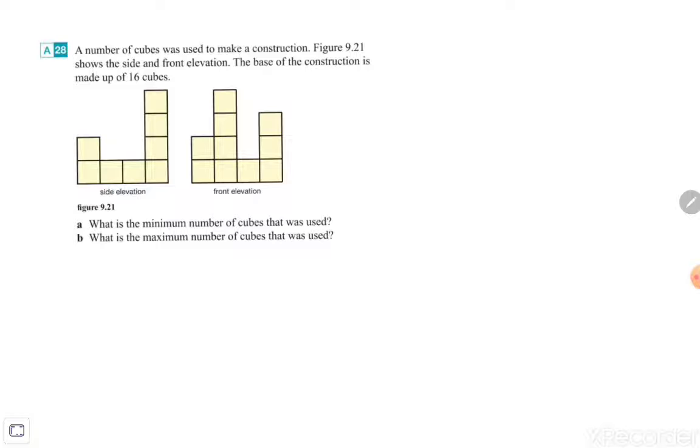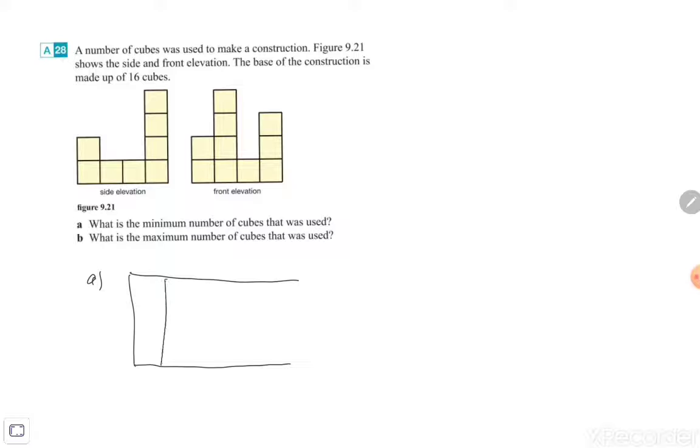Alright, so they already gave you that the base of the construction was made up of 16 cubes, and if you look at the side and even the front elevation, it is 4 by 4. So I'm going to make a plan for exercise A, a plan of 4 by 4.